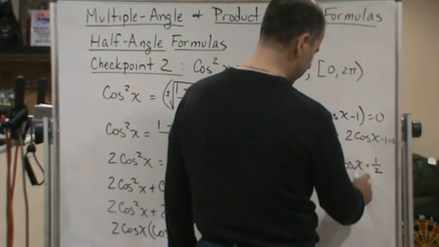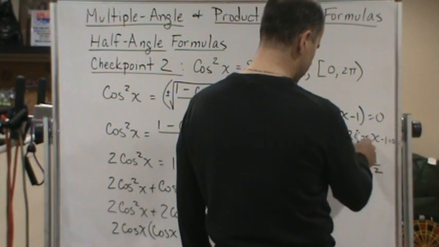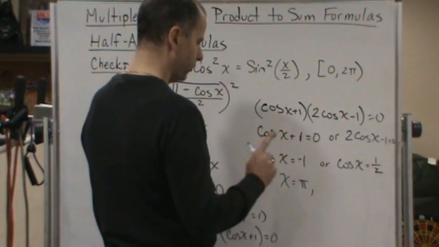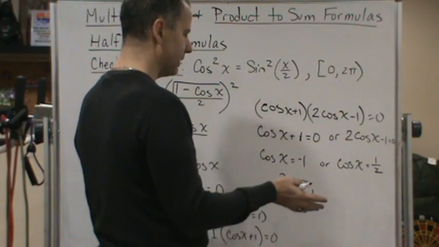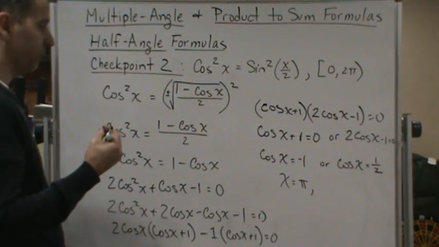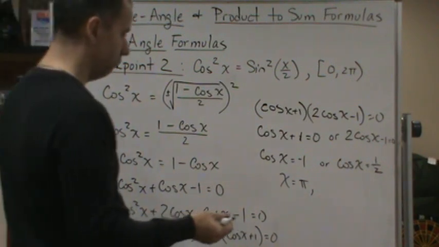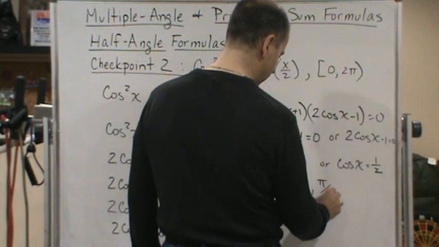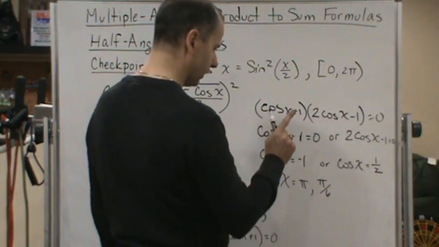So cosine is positive in the first and fourth quadrant. So when is it a half? Well, it's equal to a half for a 30-degree angle, right? So that means that this is going to be pi over 6, or hold on a second.